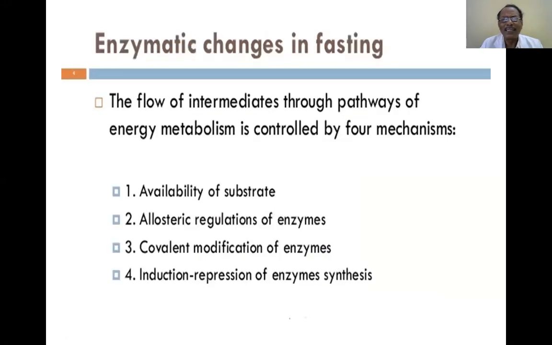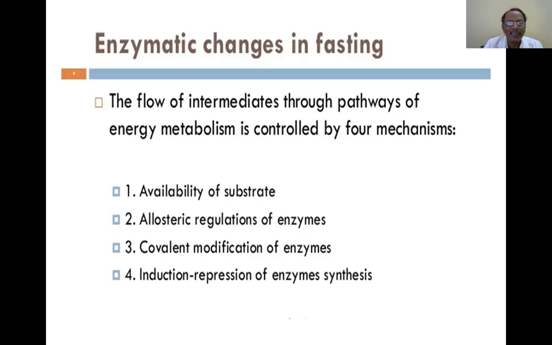What are the enzymatic changes in fasting? The flow of intermediates through pathways of energy metabolism. What are the pathways of energy metabolism? Carbohydrate metabolism, lipid metabolism, and protein metabolism, mainly energy metabolisms. They are broken down, producing energy.